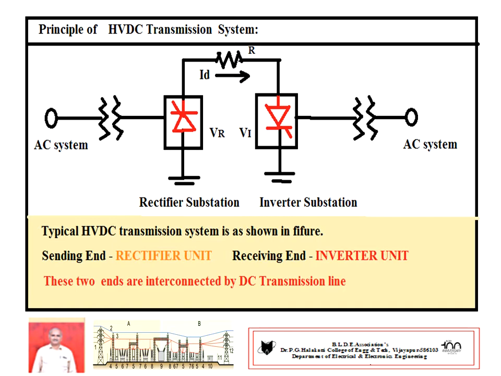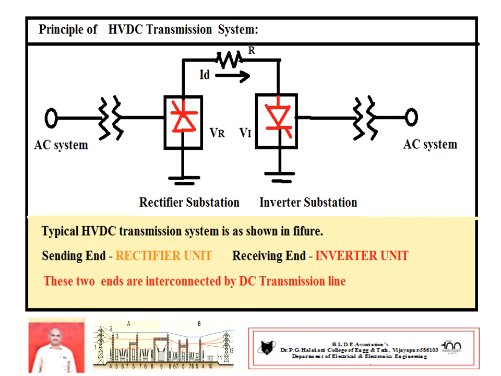At the sending end substation, it is AC voltage. Again the AC voltage is boosted with the help of a transformer, which is given to the input of the rectifier substation. The rectifier substation converts AC voltage to DC voltage. Then this converted DC voltage is transmitted up to the inverter substation through the overhead DC transmission lines.